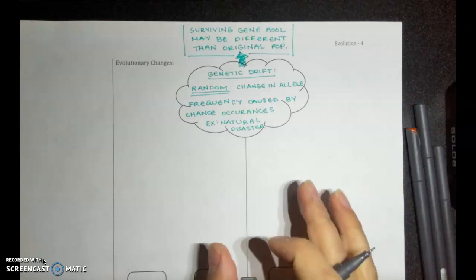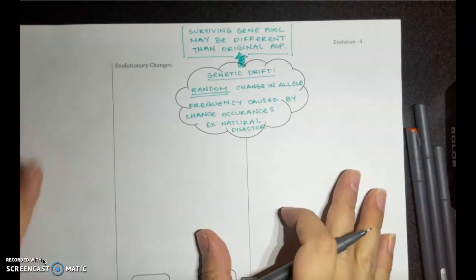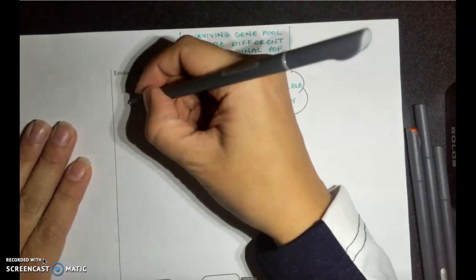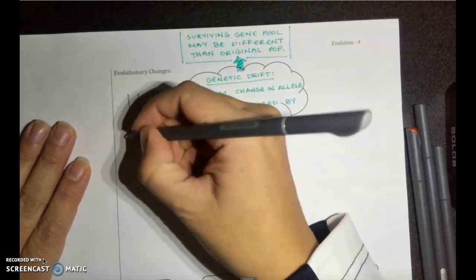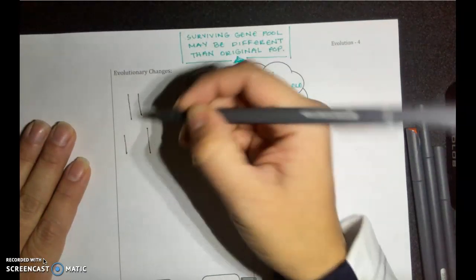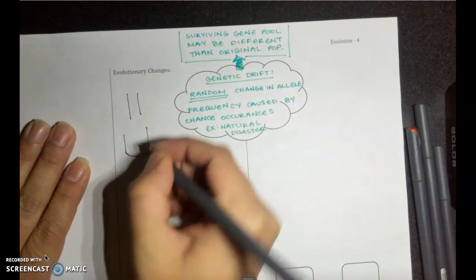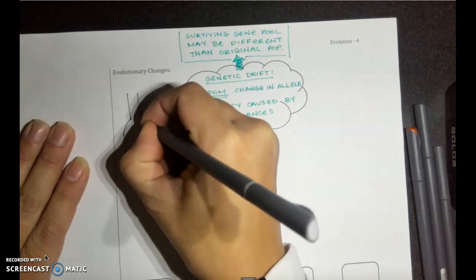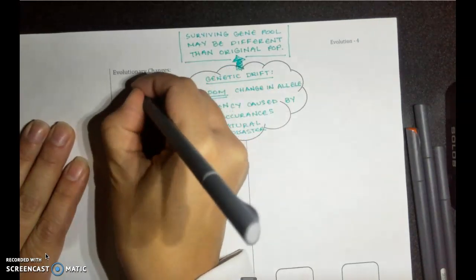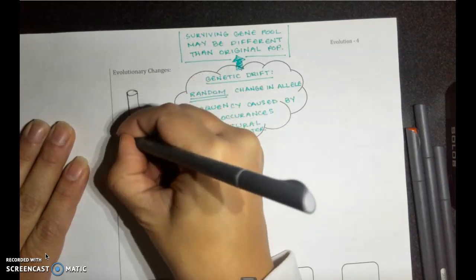So what I'd like to do then is take a look at two examples or two types of genetic drift. The very first one is going to be called bottleneck. Bottleneck, I thought it would be entertaining to draw a nice little bottle to help you remember.